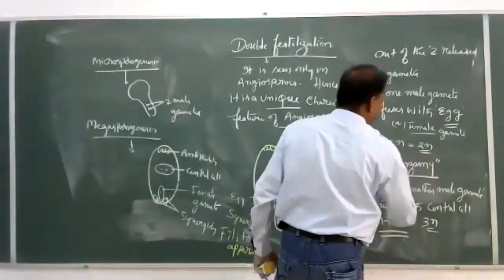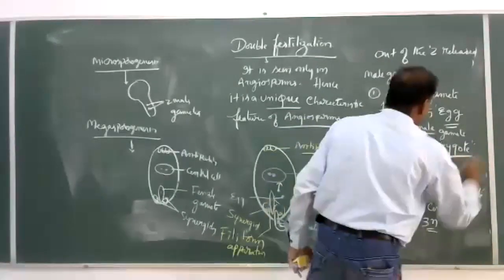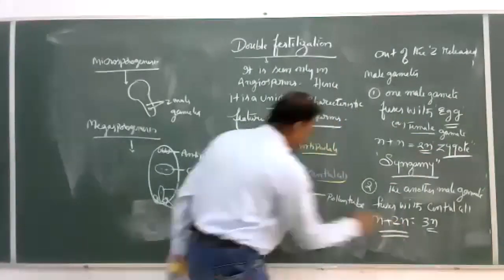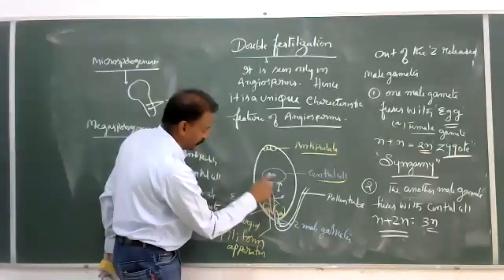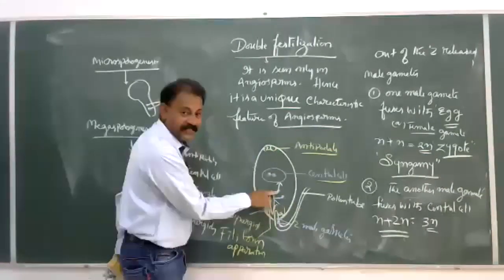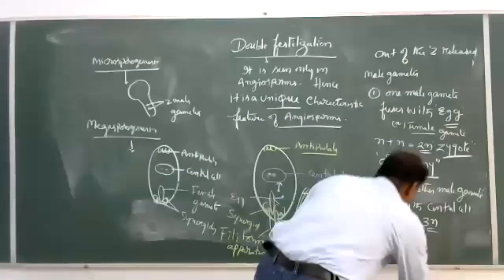The syngamy product is the zygote, diploid. Here three nuclei are fused: one, two, three, two female nuclei and one male nucleus. So n plus 2n, 3n, is triple fusion.